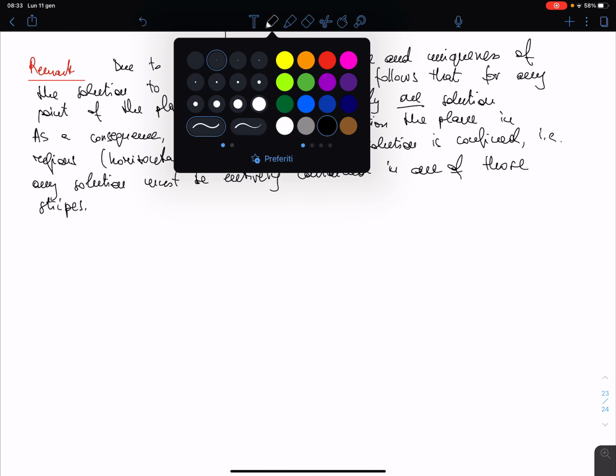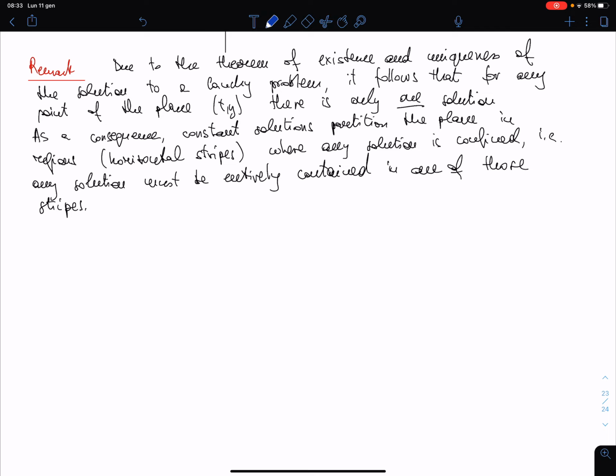Second, suppose that the function g of y, which is present in the right-hand side of the equation, is different from 0.